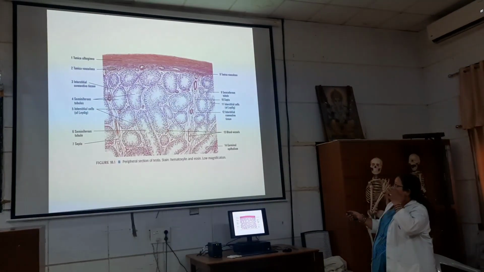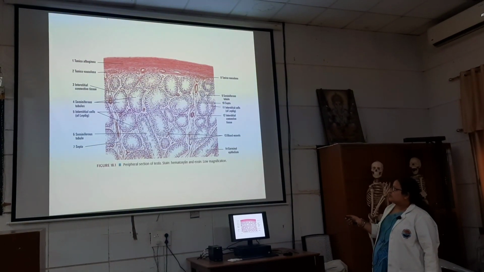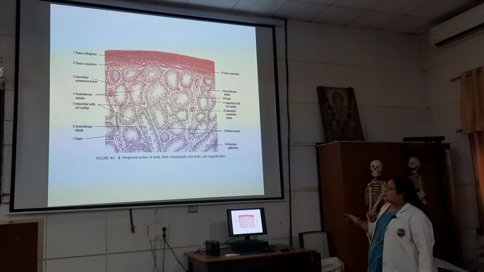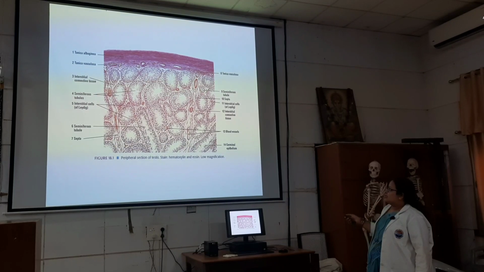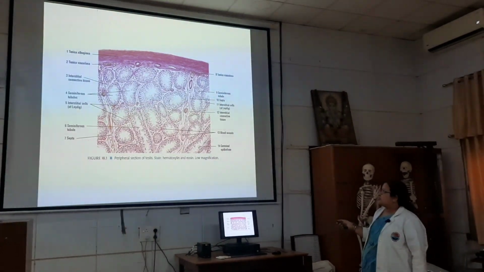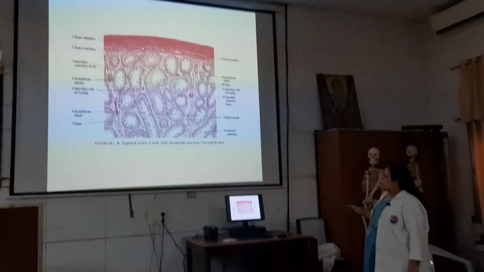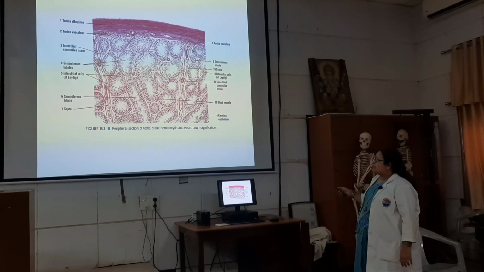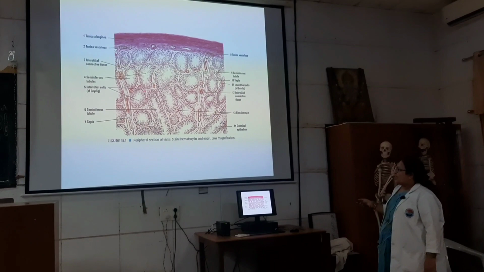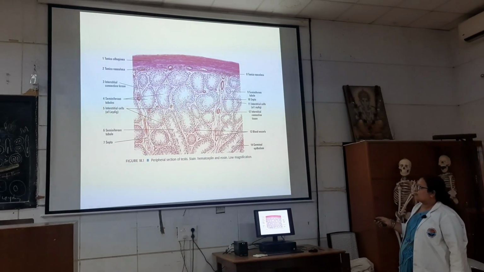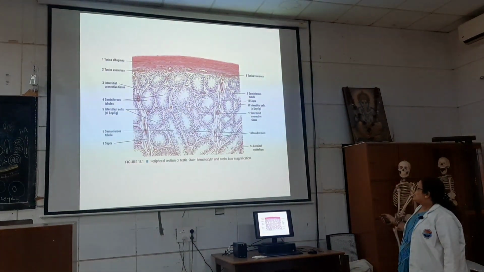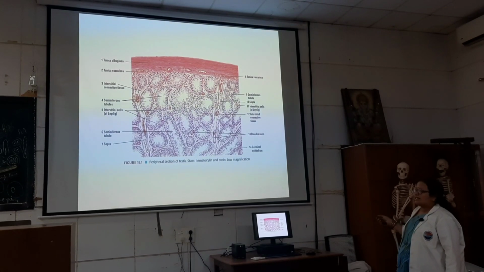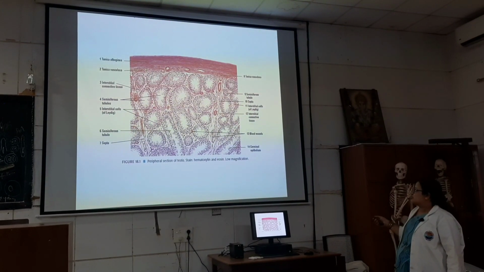This is the tunica albuginea, the tunica vasculosa, and all these rounded structures are the seminiferous tubules. In the interstitial area we find connective tissue along with collagen fibers, some blood vessels, and interstitial cells of Leydig, which secrete testosterone.